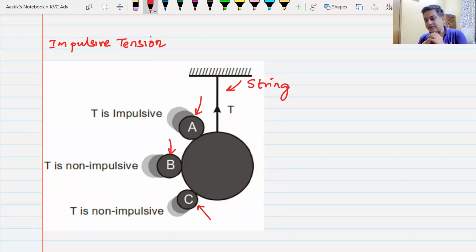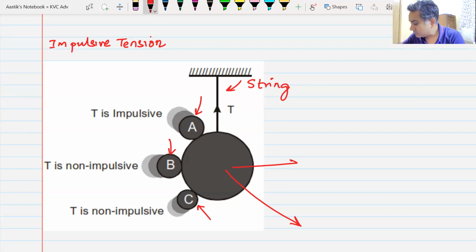Can you tell me why it is non-impulsive? In case number A, when it hits, this ball is supposed to go here like this, but it cannot go because the string is stopping it. Therefore, the string must give impulsive tension, cancelling the impulse which is given by the impulsive normal reaction.